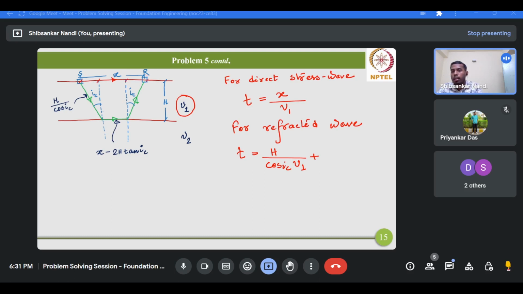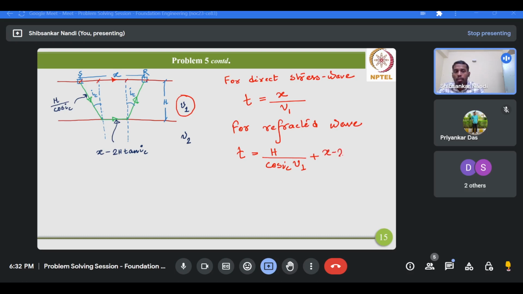Similarly, this distance you can easily determine. So twice this distance you have to subtract from the total distance between the source and receiver. Then only you can get the distance of travel of the critically refracted wave parallel to the boundary between the two layers. I hope you get this point.